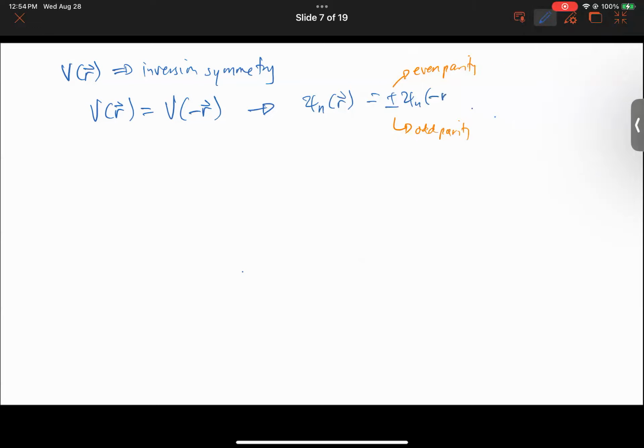So this should be negative R. A function that we can consider with even parity is cosine theta, because if you take the cosine of negative theta, they're just the same. But for sine theta, if you take the sine of negative theta, it becomes negative sine theta. So this is odd parity.